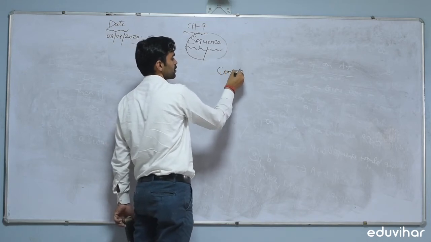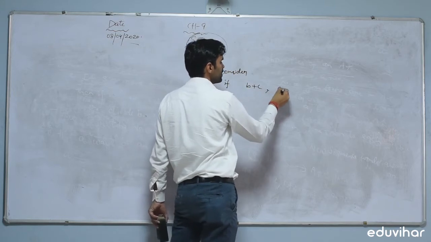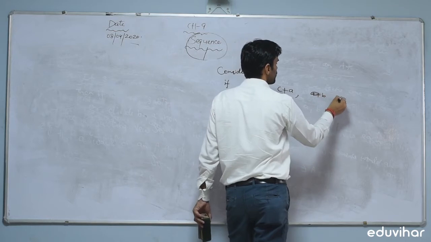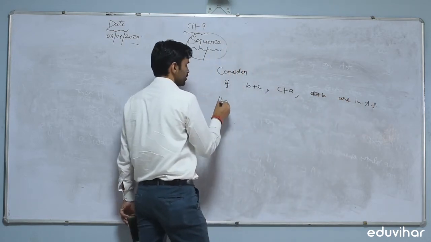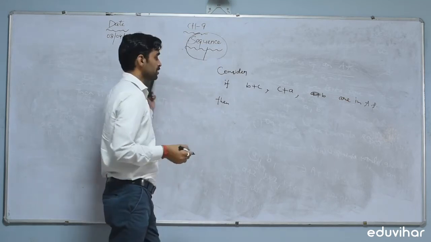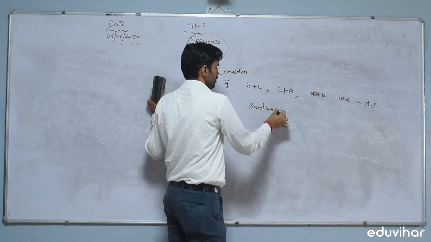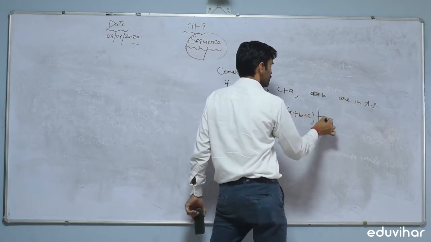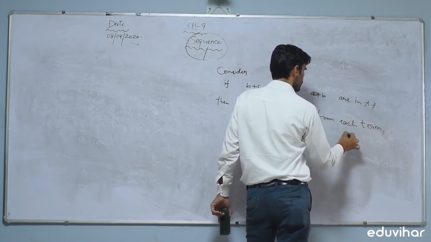Consider if b plus c, c plus a, a plus b are in AP, then subtract a plus b plus c from each term.